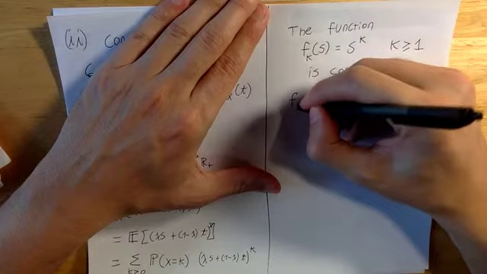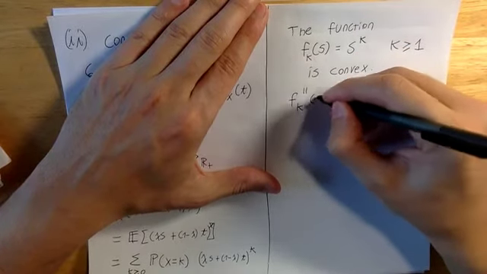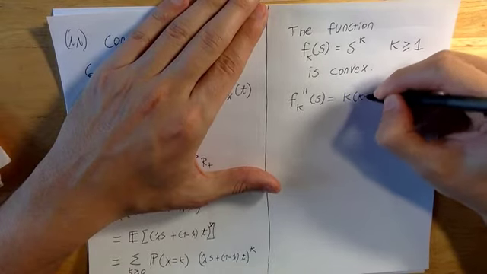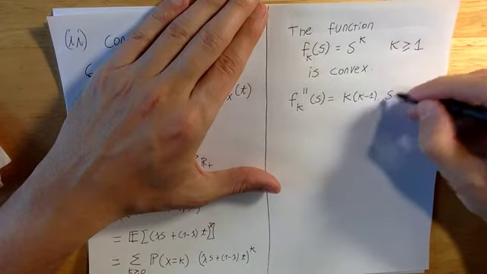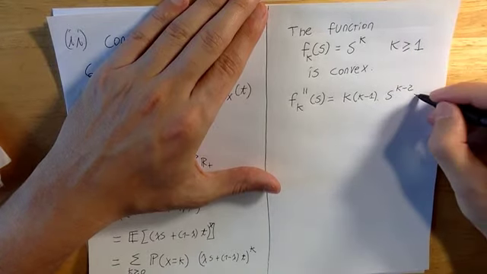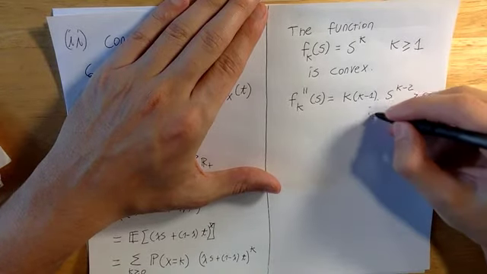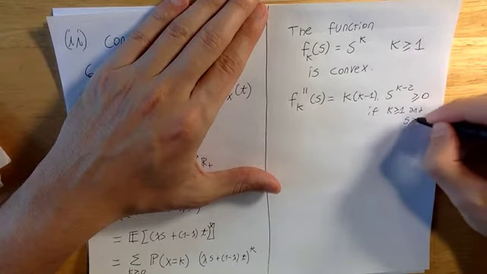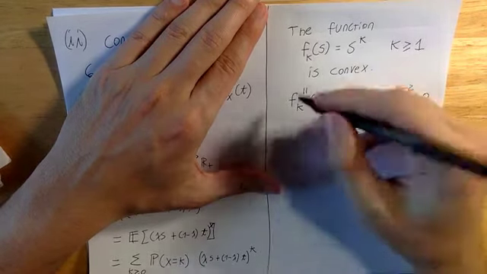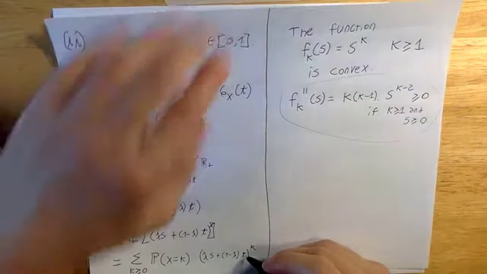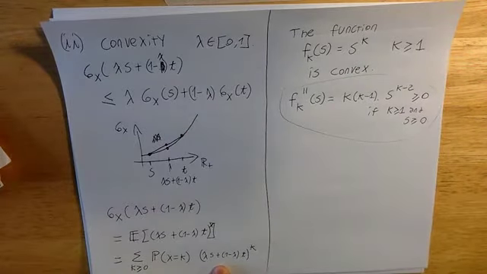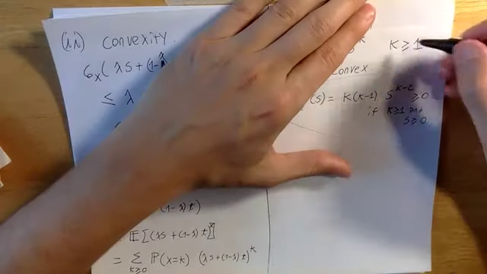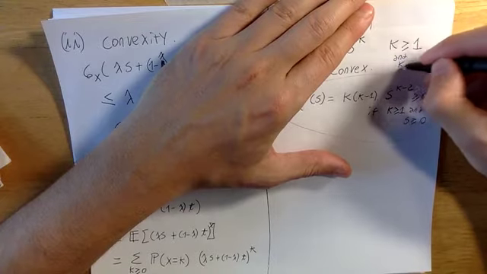So the second derivative of fk at s is equal to k times k minus 1 times s to the k minus 2, which is positive if k is bigger or equal than 1 and s is bigger or equal than 0. Okay, the case k equals to 0, this is just equal to 1 and it's constant.